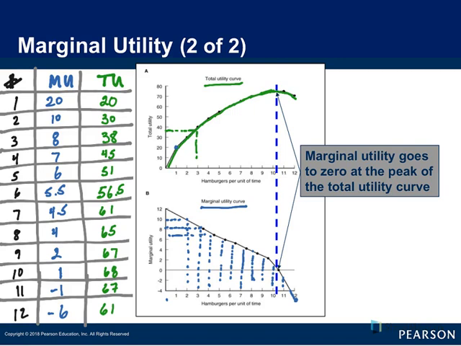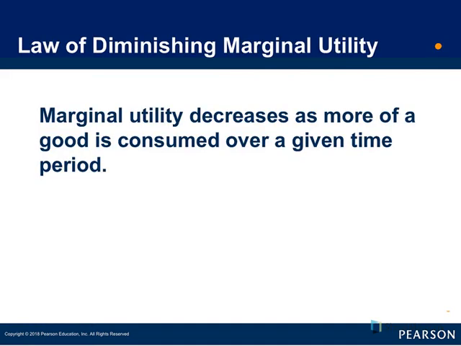Now, this example is just enabling us to demonstrate what we would call the law of diminishing marginal utility. And what this law suggests is marginal utility decreases as more of a good is consumed over a given time period. So whenever you start consuming, what we should expect to happen is eventually our satisfaction will begin to go down. It doesn't matter the product, it's the law of diminishing marginal utility.